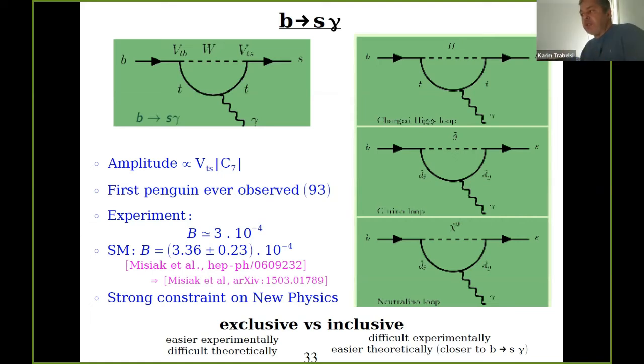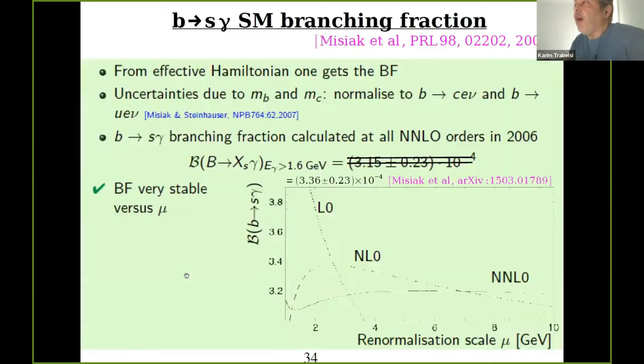Whereas for experimentalists, it's a bit more difficult. An inclusive measurement, how can you measure S gamma? This is the contrast in most cases: when it's easy to predict, then it's difficult to measure, and vice versa, at least in the remaining observables. So, just one word about the B to S gamma.